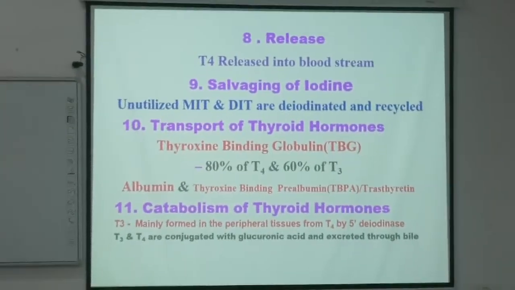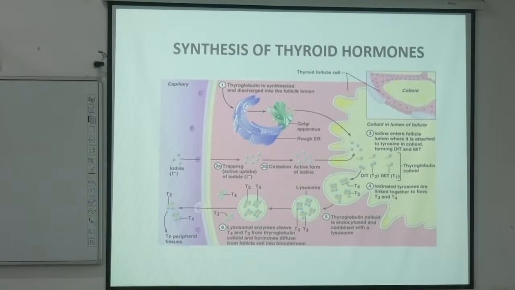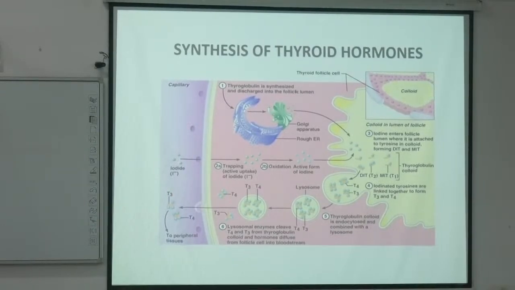Next. So, synthesis of thyroid hormone, schematically I have shown it. Iodine is taken up from the blood. This is the capillary side, this is the thyrocyte, and this is the colloid side, the colloid follicle. So, iodide is trapped in the thyroid follicular cell, that is the acinar cell, at the basolateral surface.